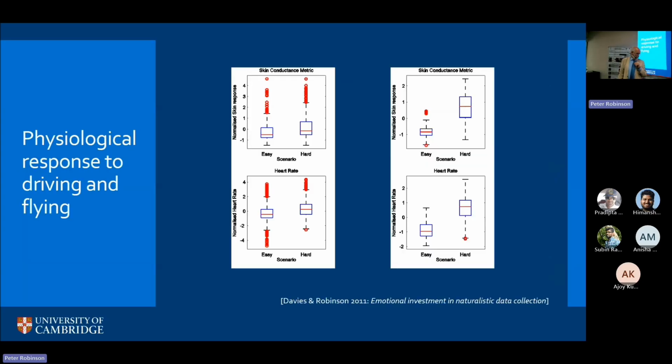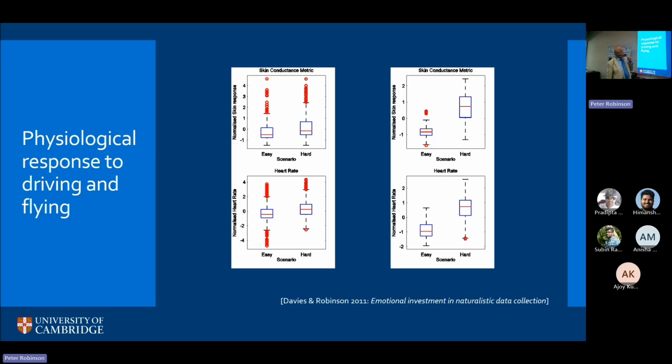We were using for this the person's heart rate and their skin conductivity as the two measures. Your heart tends to go faster when you're aroused. Your skin conductivity tends to increase when you sweat because you're being stressed. So, a slightly complicated set of results here.